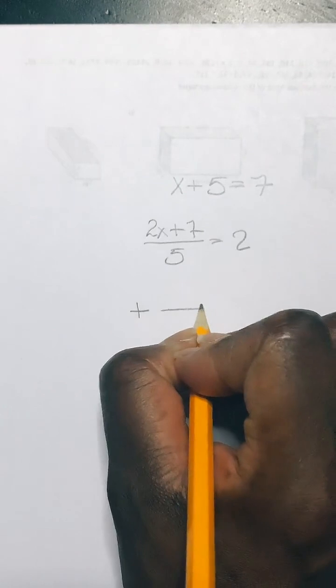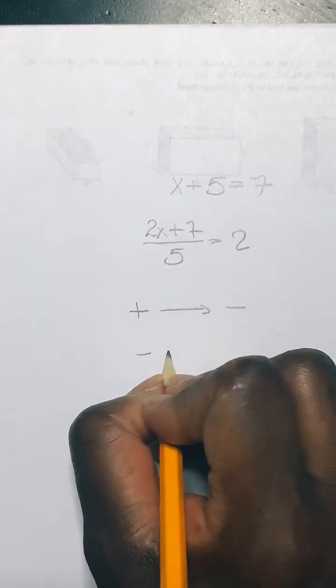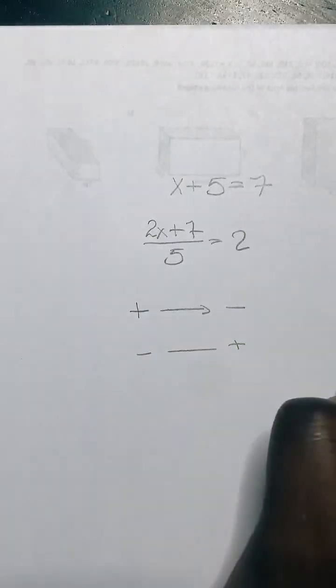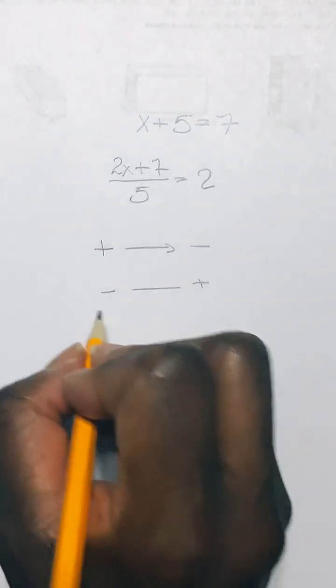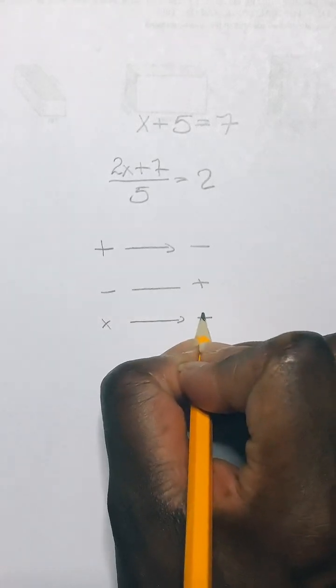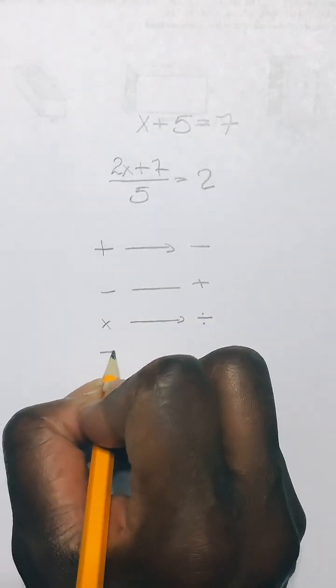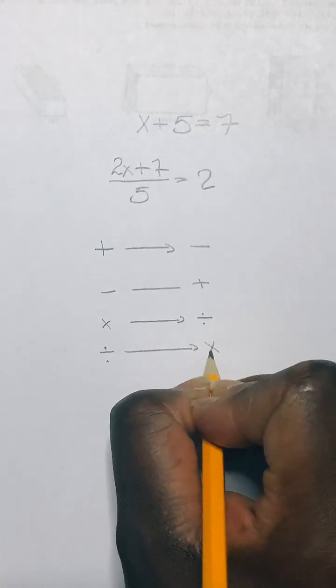The inverse of addition is subtraction. The inverse of subtraction is addition. Just as the inverse of multiplication is division. The inverse of division is multiplication.